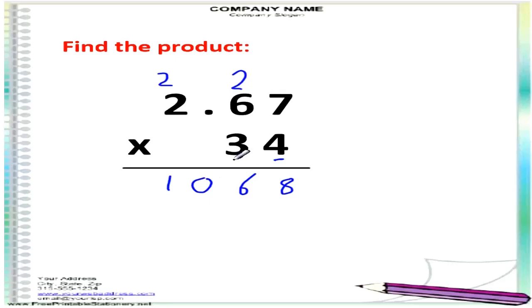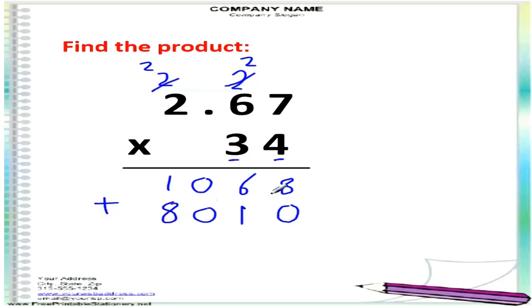Then I will multiply 30 times this number. So I will put 0 first. Then I will multiply 3 times 7 equals 21, of course I will cross out the regrouped numbers. 3 times 6, 18 plus 2 equals 20. 3 times 2 equals 6 plus 2 equals 8.